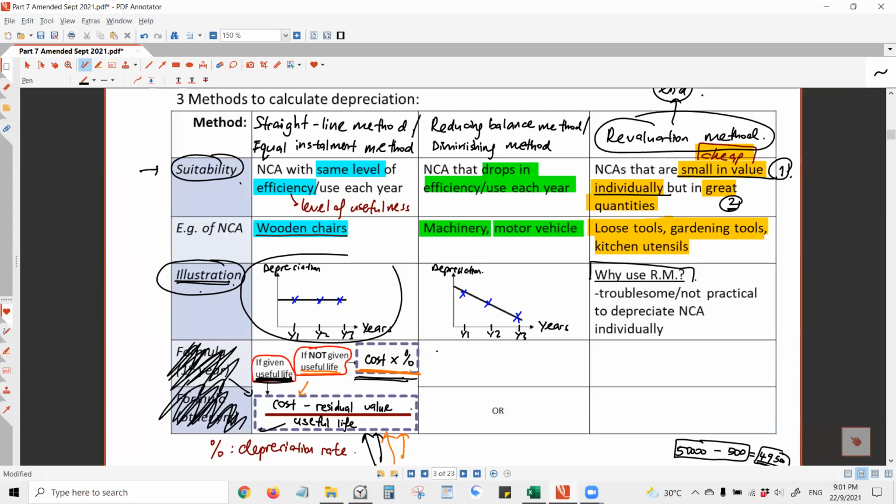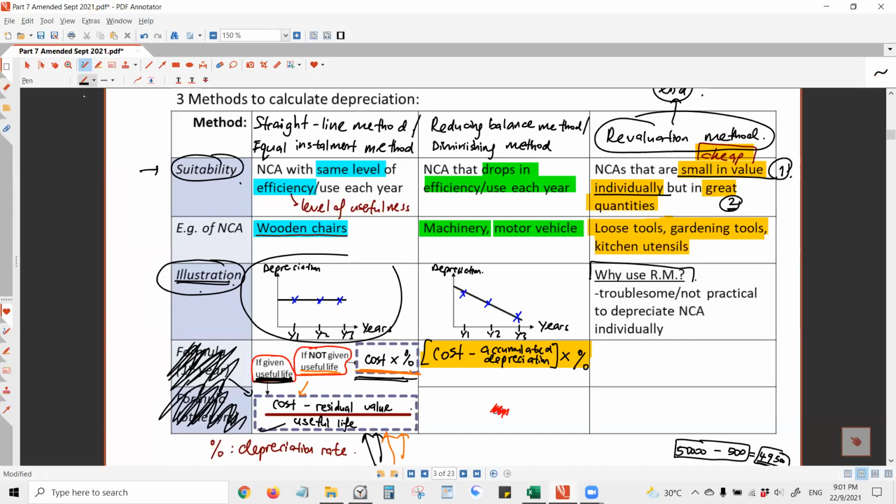You write cost minus accumulated depreciation, in brackets, times the percentage given in the question. So this is the formula. There is only one formula for the reducing balance method. Cost minus accumulated depreciation, then times the percentage. This one you remove it.